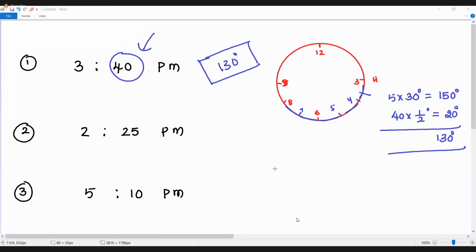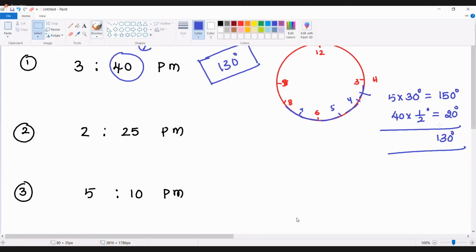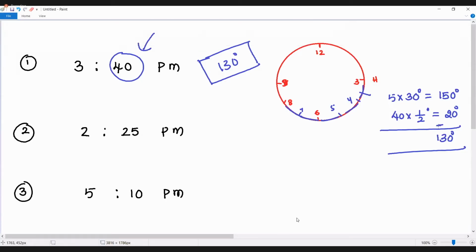You will understand why we are removing. I'll explain 2:25 again. Here we are just removing, 150 minus 20, that is 130. Some students asked, sir, why are you subtracting? You will understand.